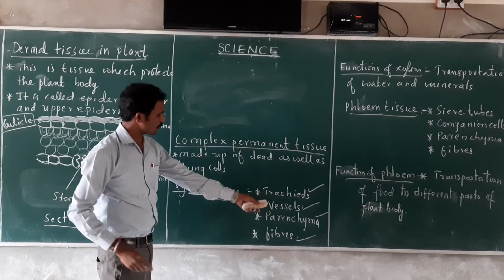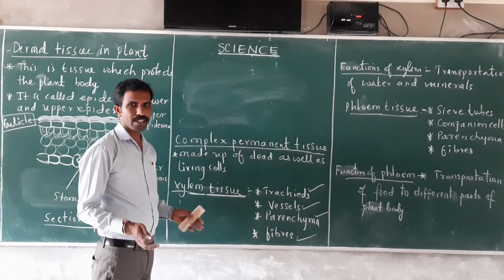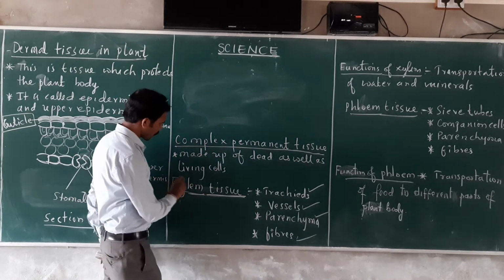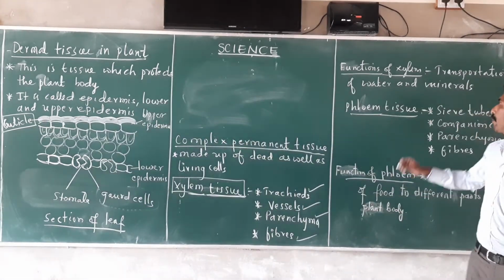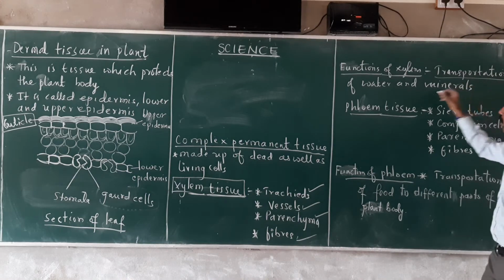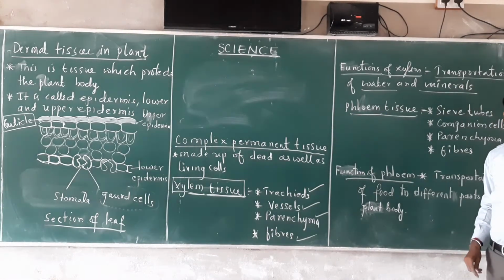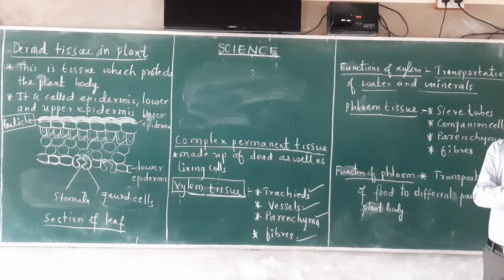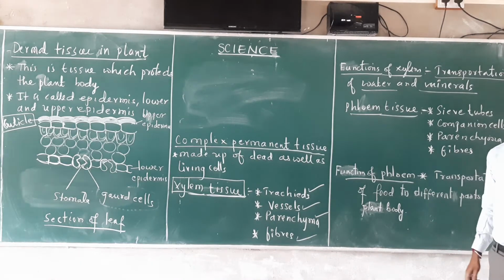See, these tracheids and vessels help in the conduction of water. What is the function of xylem actually? Xylem helps in the transportation of water and minerals from the root to the different parts, especially to the leaves.